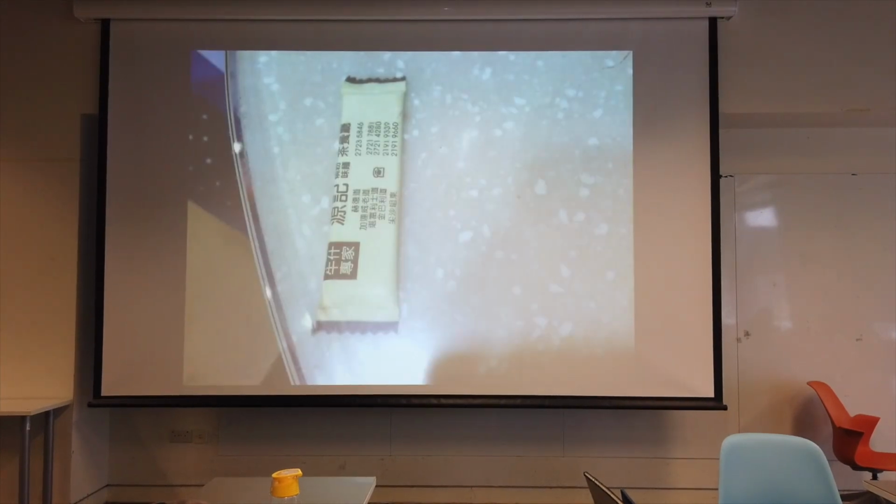So these are examples. I don't know whether you know it. I think it's a very vernacular, a very local culture solution, right? This is a pack of sugar. When you're having your lunch or dinner at your local cha chaan teng, normally they put the pack of sugar under a glass, right? Why do they do it?